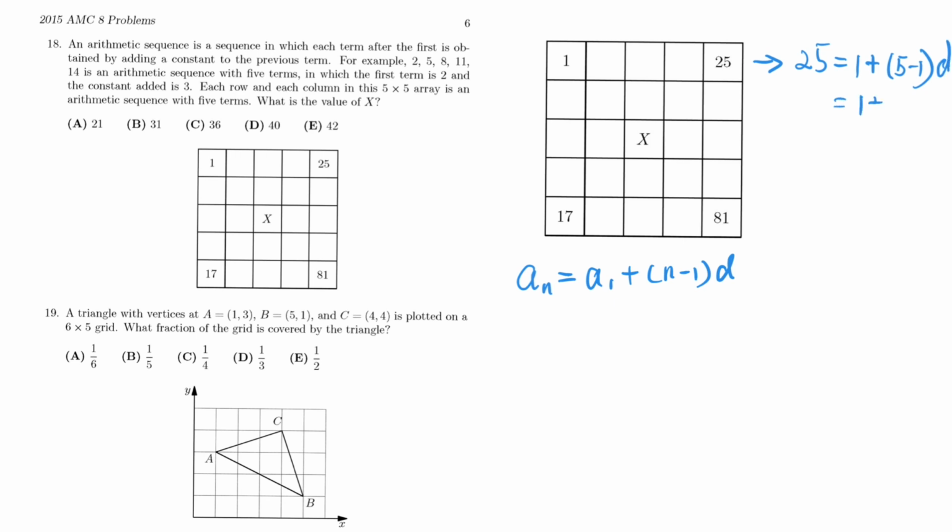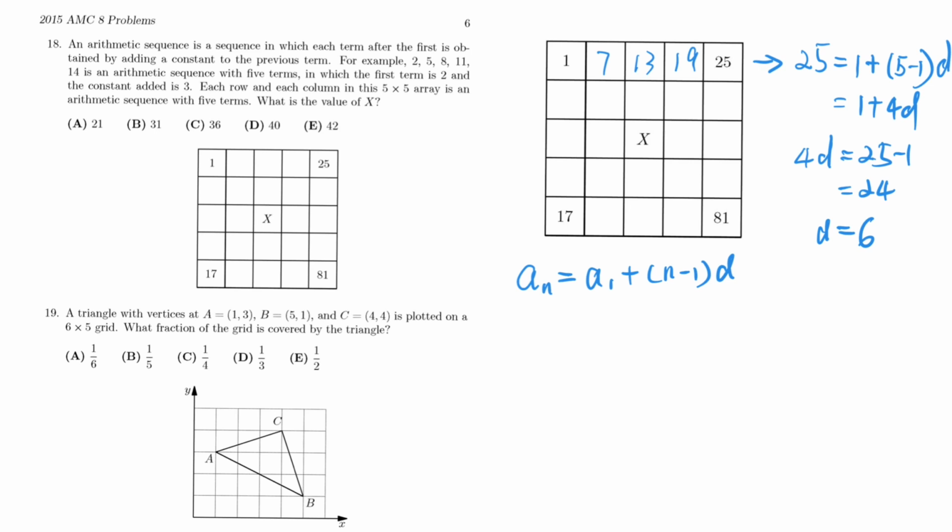That's 1 plus 4d. So 4d equals 25 minus 1, that's 24. So d equals 6. The numbers will be 7, 13, 19, and 25.